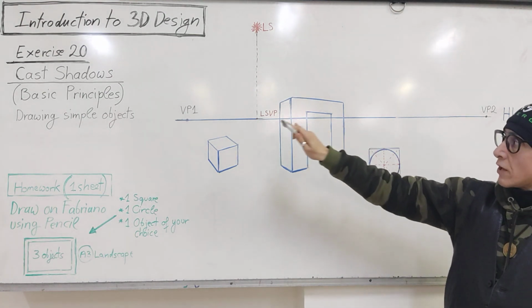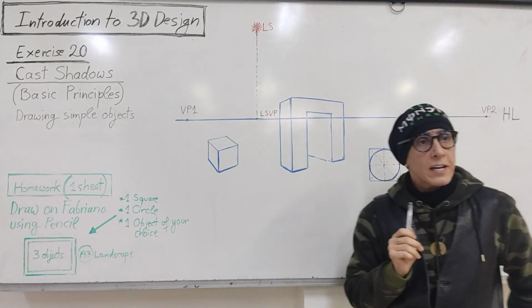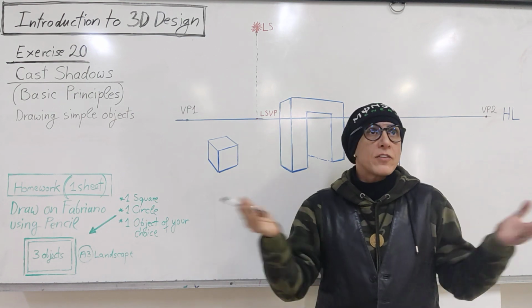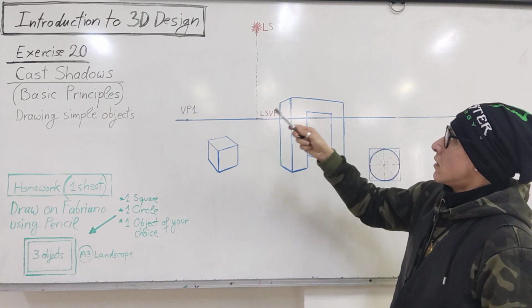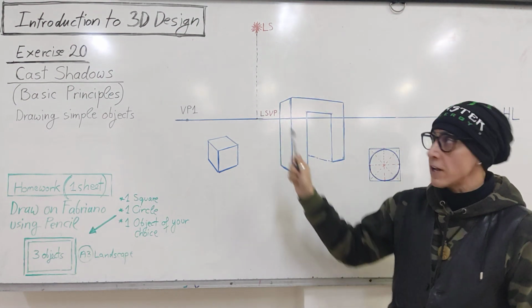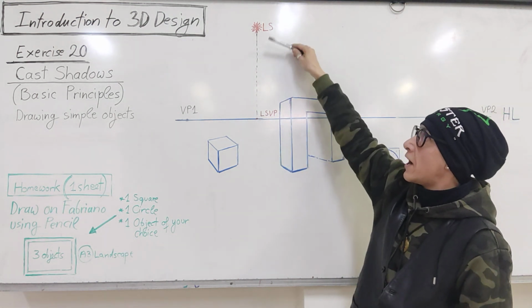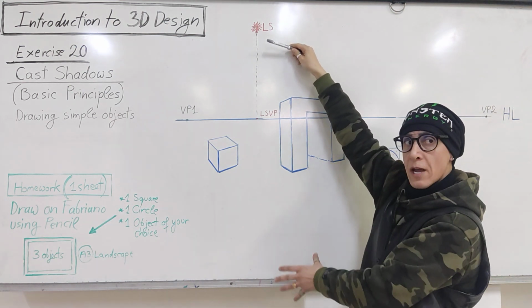Now, once we have the horizon line and our two vanishing points, we need to select the placement of the light source. So where is the light source? It can be in many locations, okay? So what I will draw here, the shadow will be very different when I move my light source around. If I place it here at this height, for example, we will create a certain type of shadow.